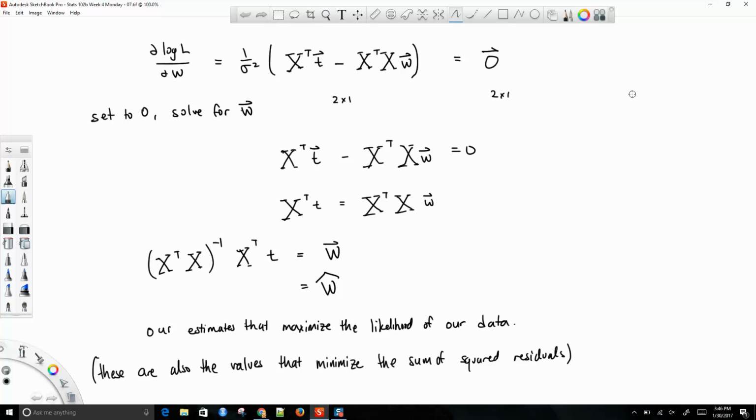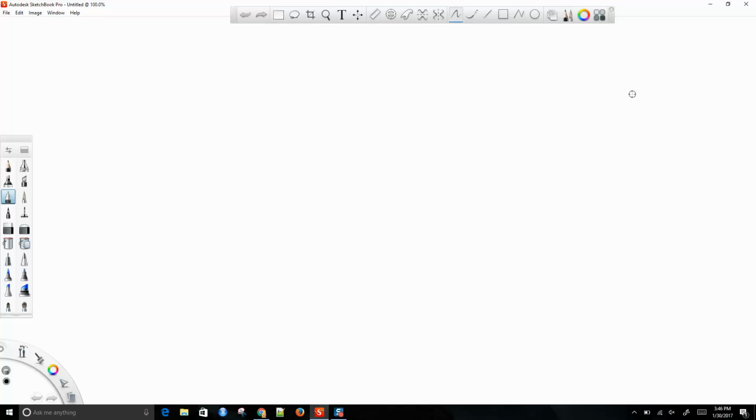We can do the same thing. We can solve for the values of sigma squared that maximize the likelihood. So we can estimate sigma squared to maximize our likelihood. In this case we would take the derivative of our log likelihood with respect to sigma.